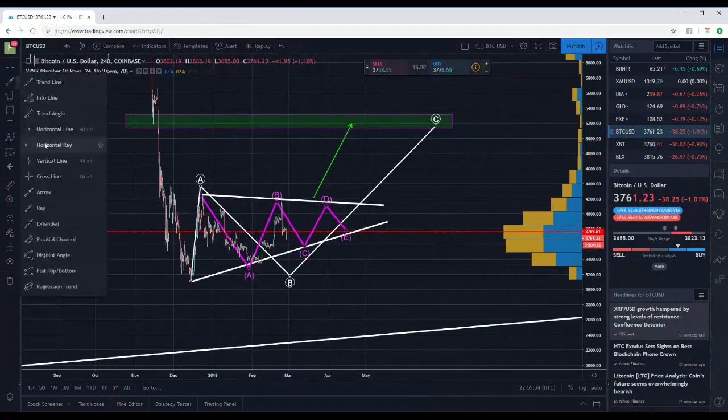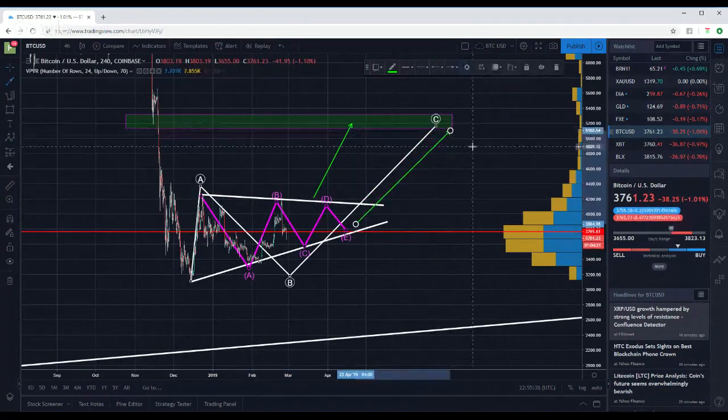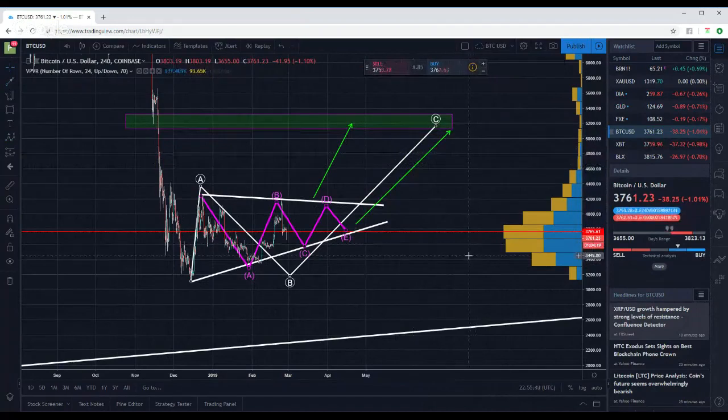So the E would fail to the downside, and we would have this breakout up here like this. From an Elliott standpoint, that's the only way this triangle can play out, because it is a bullish triangle, and a triangle has to be in 4, B, or X. So this would have to be A, B, C. The triangle is in fact the B.